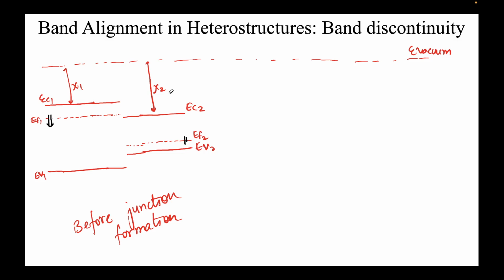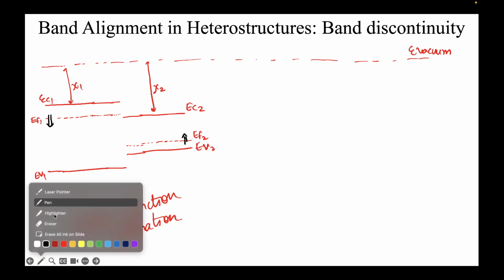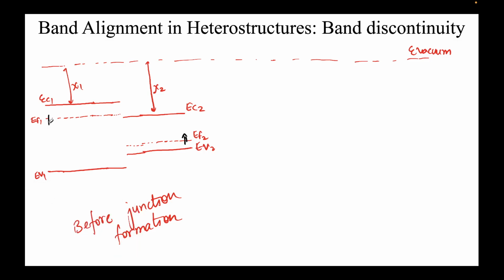Near the surface, the contact, it will get too cluttered there, so I was avoiding it. But let's say this has to come down and this has to go up. Ultimately an equilibrium will be reached and EF1 will be equal to EF2.